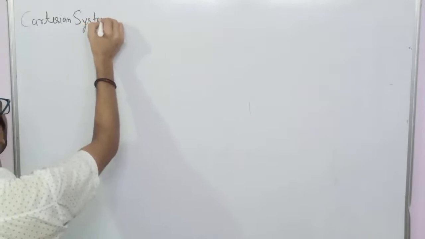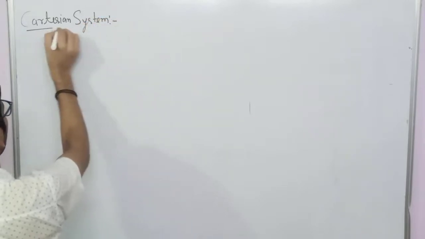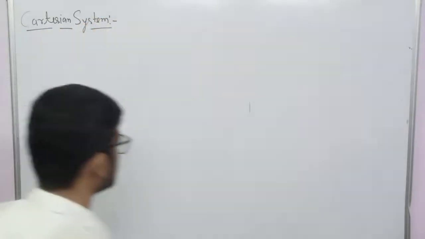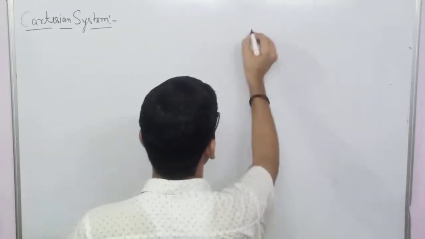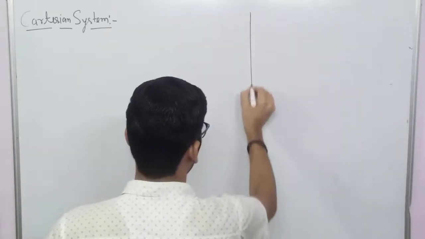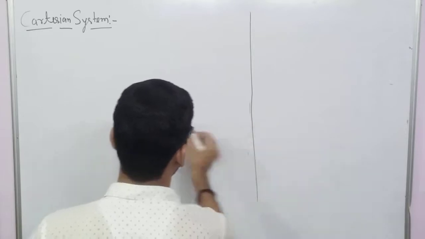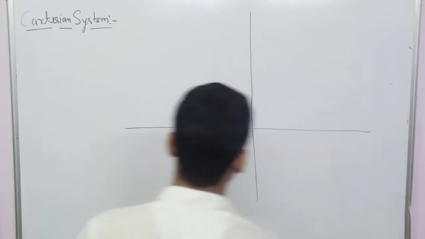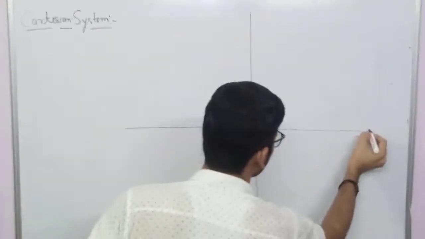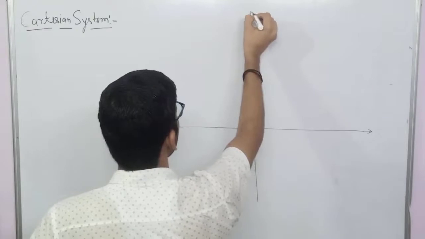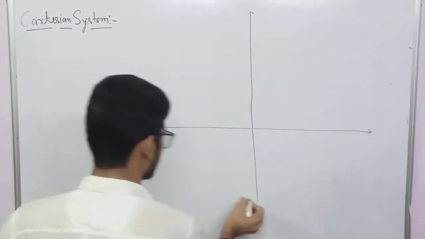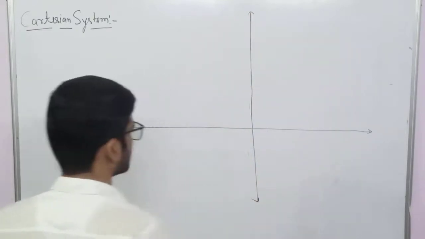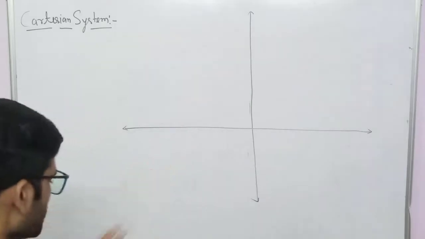Now we draw the lines. All the information we draw in one place, so you can write carefully. Okay, you can see easily.